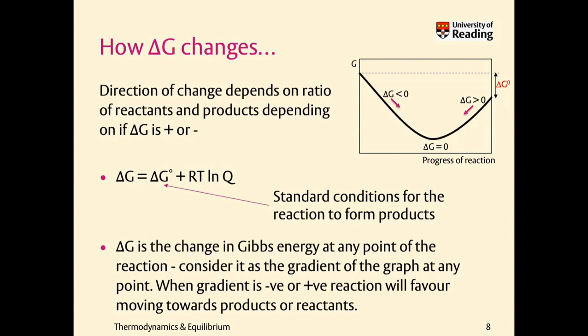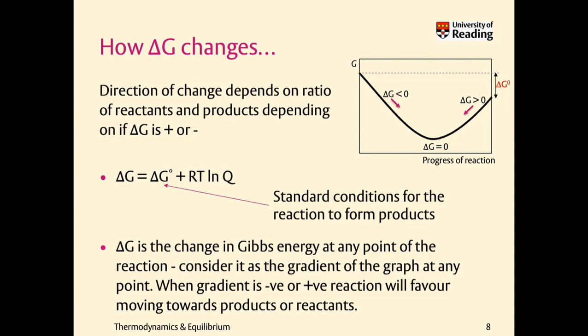With the quotient, we have a way of determining how delta G changes at any of these points along that progress of reaction graph. G changes, as we know, to a minimum, which is somewhere between reactants and products. And the change of G will be negative before the minimum point and positive afterwards.